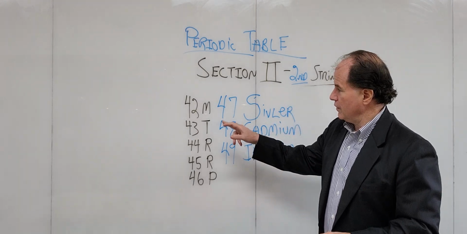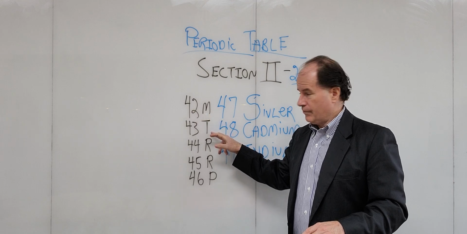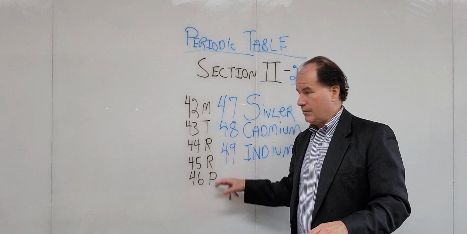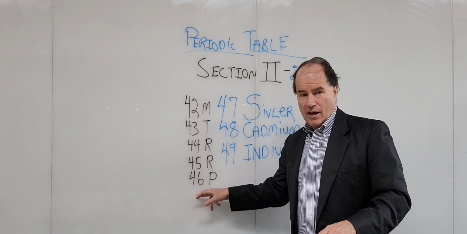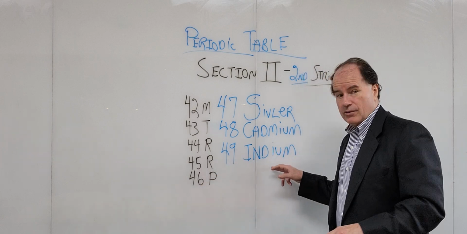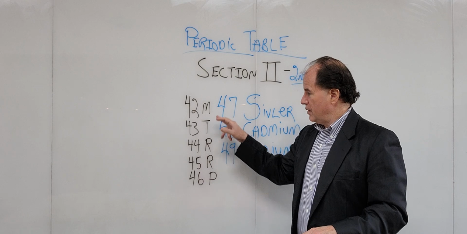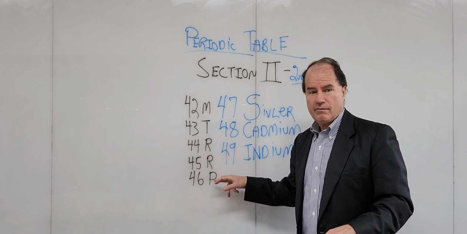We can start here with molybdenum, technetium, ruthenium, rhodium, palladium, 42 through 46. We have to do that because we learned this in the last lesson.